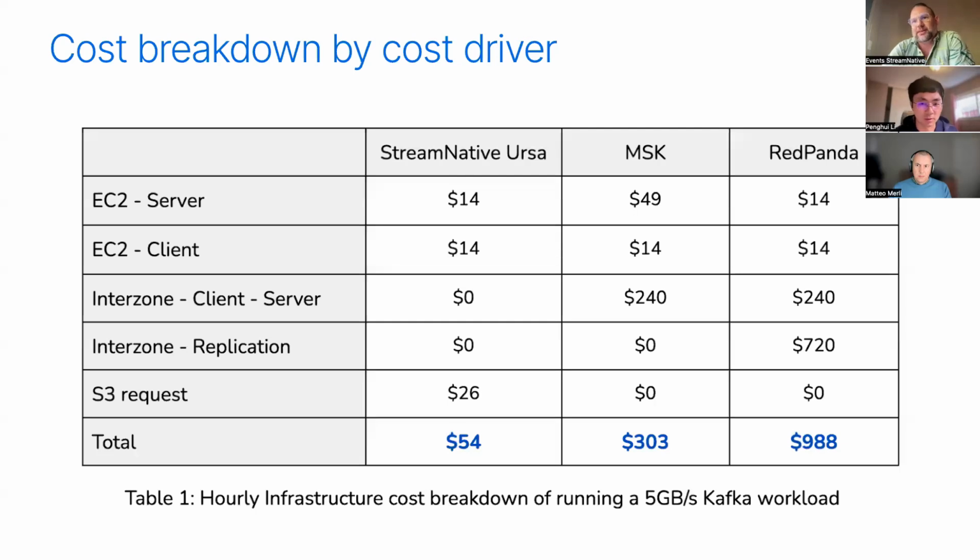Yes, sure. For MSK, actually there is no internal cluster replication traffic for the internal data replication. But from the client side to the server side, you will still have the internal traffic from producer to brokers, because one partition will only have one owner in the cluster.